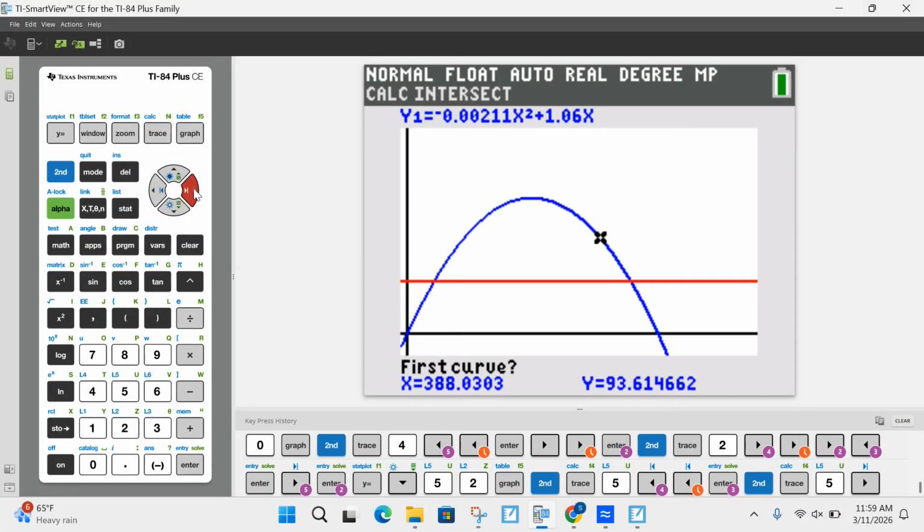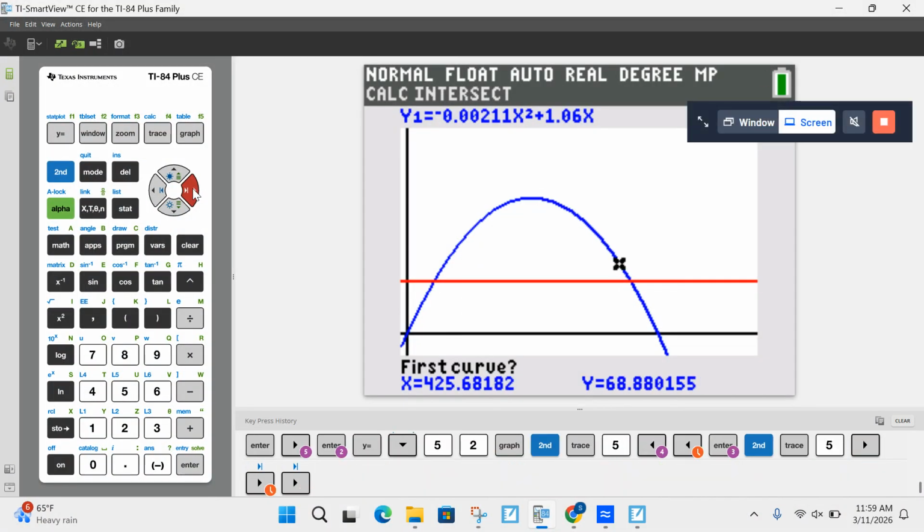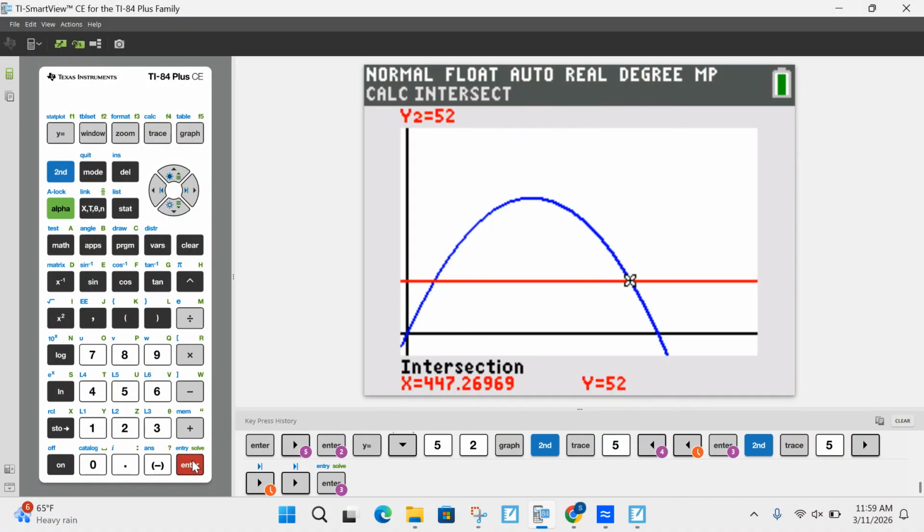The one on the quiz, or the one on the homework, was a word problem that maybe used your calculator, but you could solve it with factoring. So enter, enter, enter. And then you got your zeros, which were 55 and 447. And then it said to write an inequality that represents the amount of time the bridge was above the road.